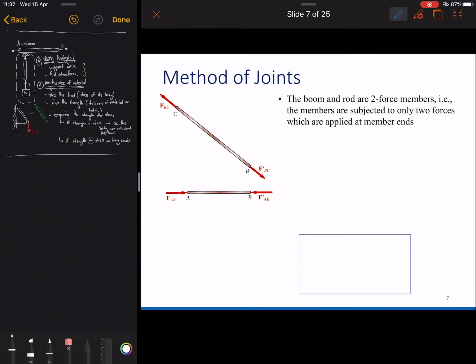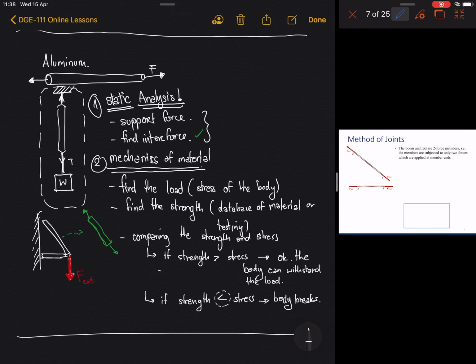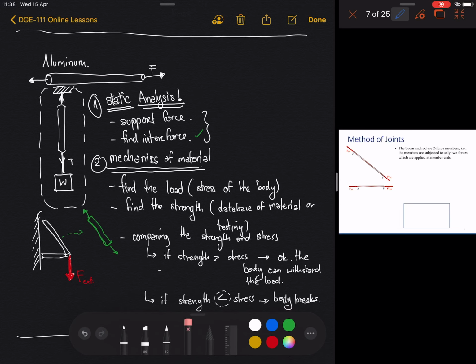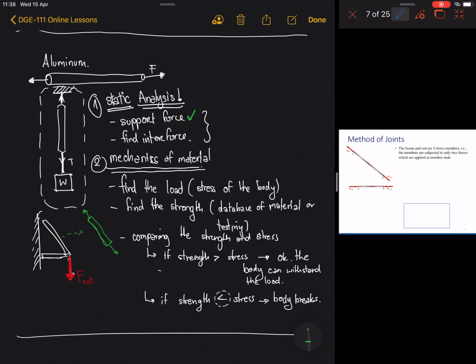Then next, what next we have to do? So we already know the support force. Okay, so I will just check on this. Actually we already have all 3 support forces available.